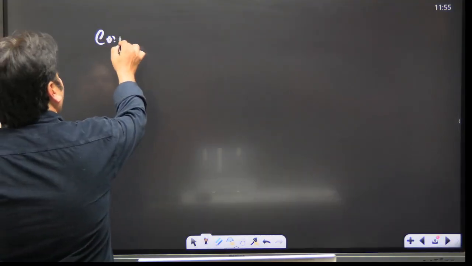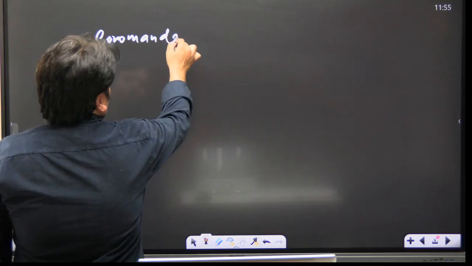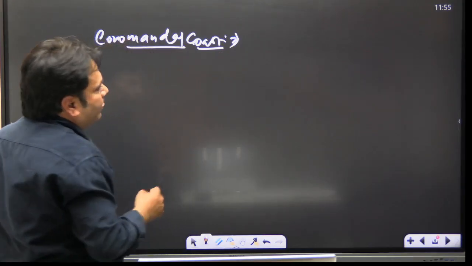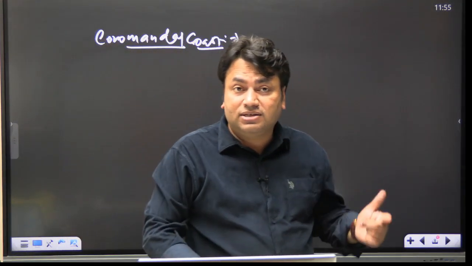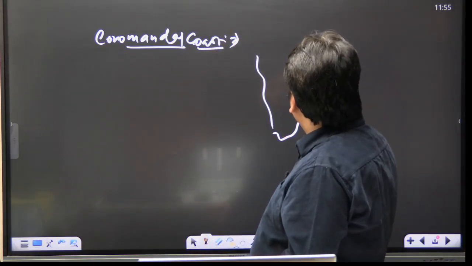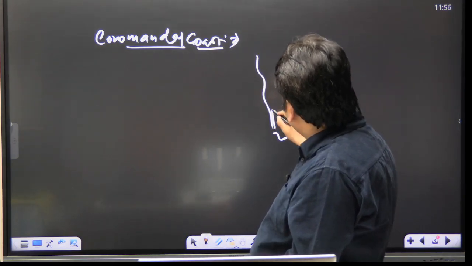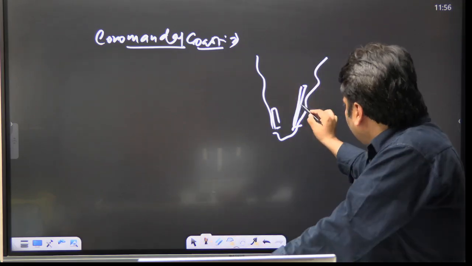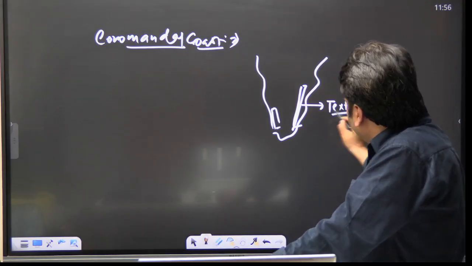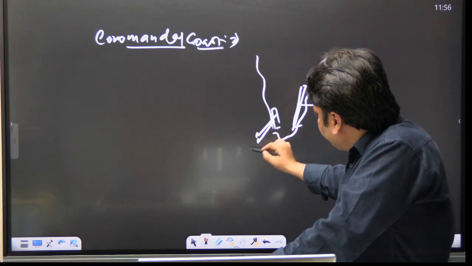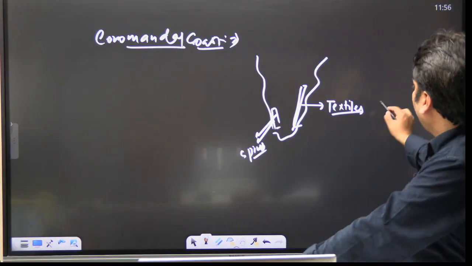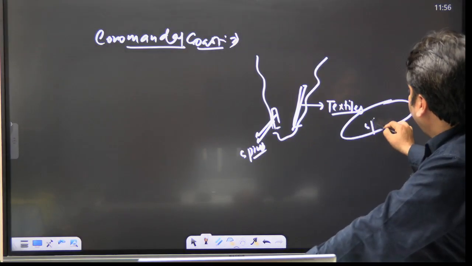For example, first we are talking about the Coromandel coast. In the last class I discussed with you, suppose this is a rough map, this is the Coromandel coast and this is the Malabar coast. The Coromandel coast was important for textiles. The Malabar coast is important for spices. Got it? And the Dutch were more interested in Indonesia, the Spice Islands.